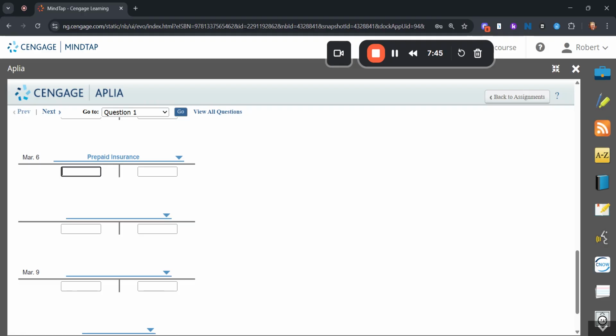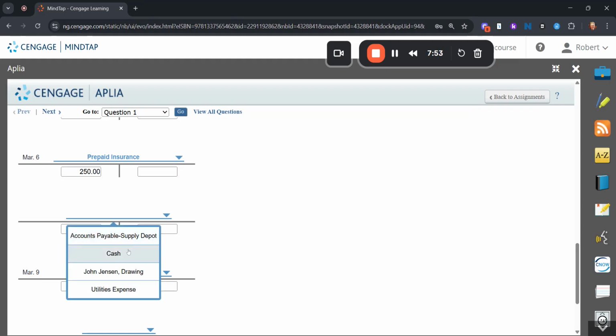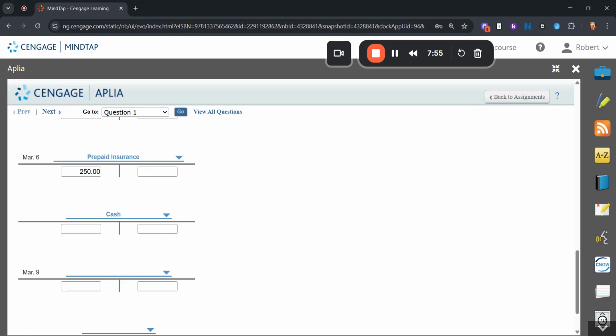So just like supplies and cash, the increase is going to go on the left side. Then the company paid cash. So a decrease in the cash account goes down. So the decrease goes on the right side under credit.